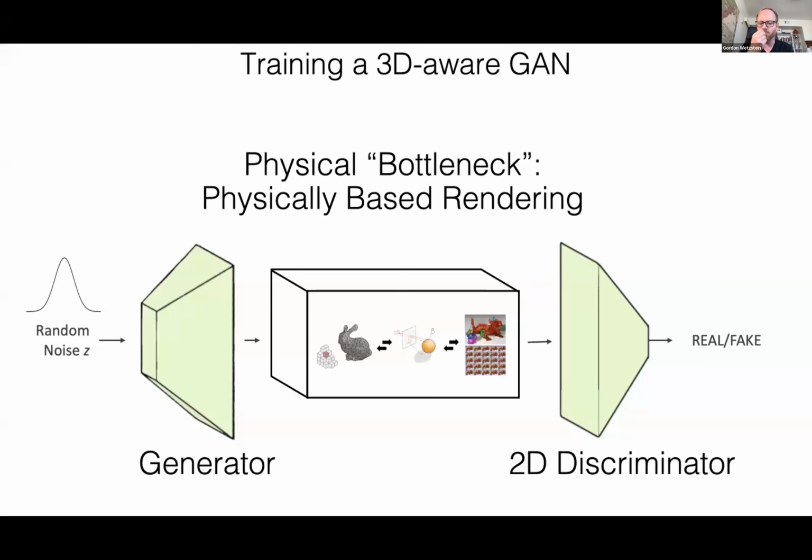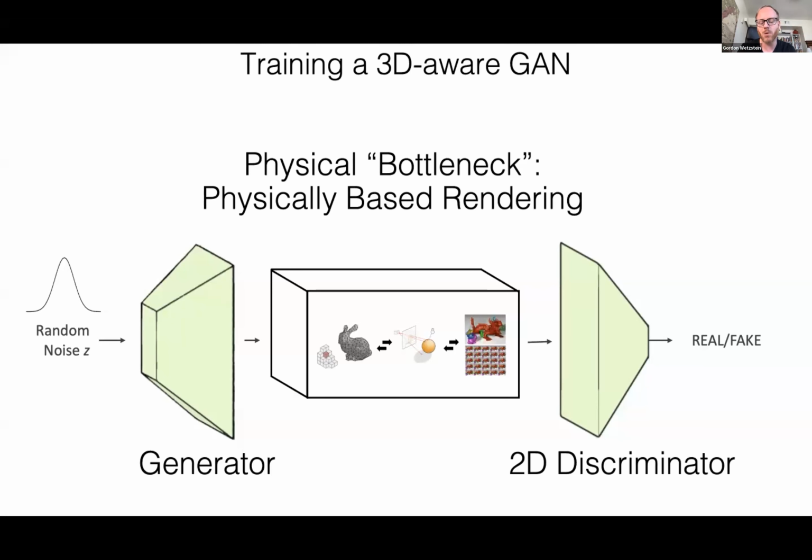Now, one thing that I want to bring back is this idea of the graphics pipeline, this differentiable graphics pipeline. This is actually a key component of a 3D aware GAN, because the differentiable graphics pipeline goes between the generator and the discriminator and represents a bottleneck.